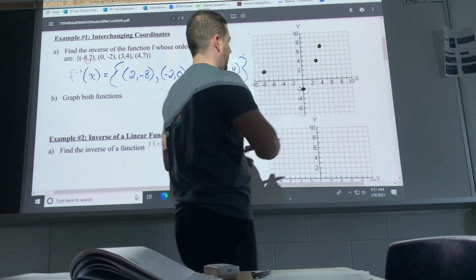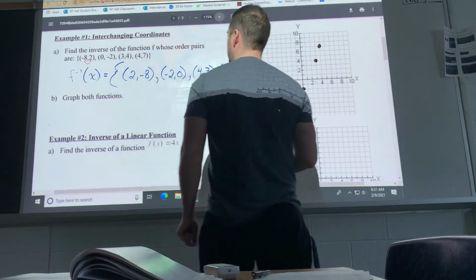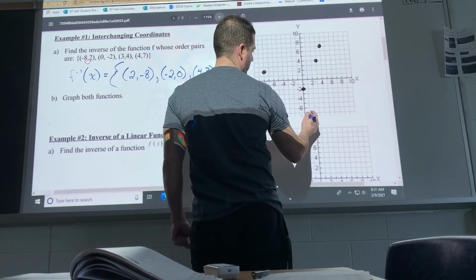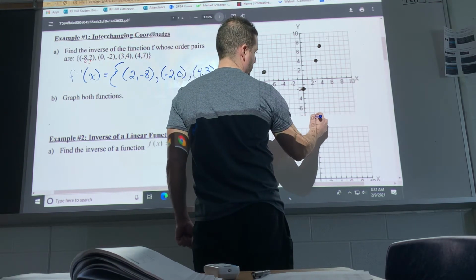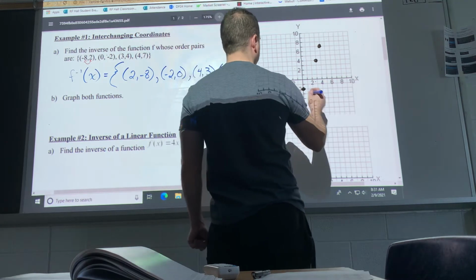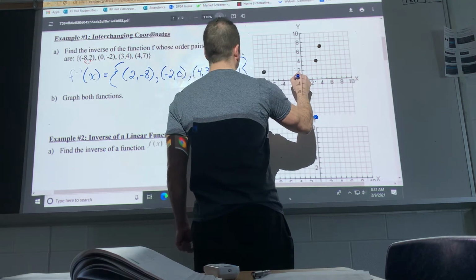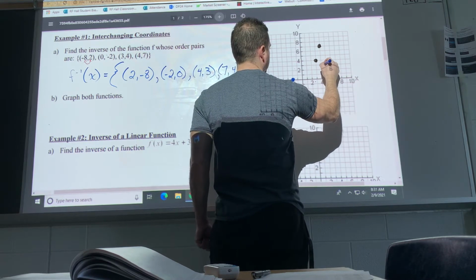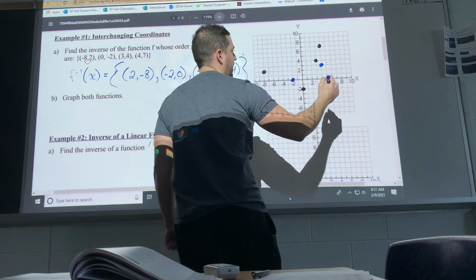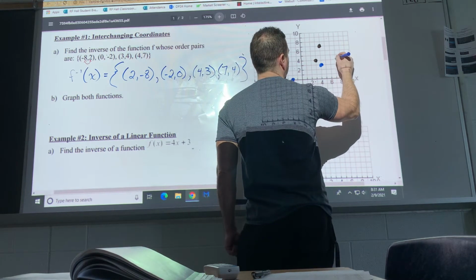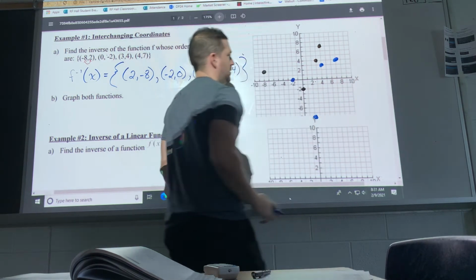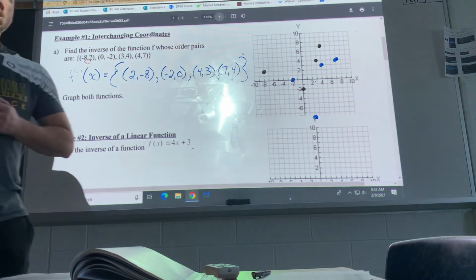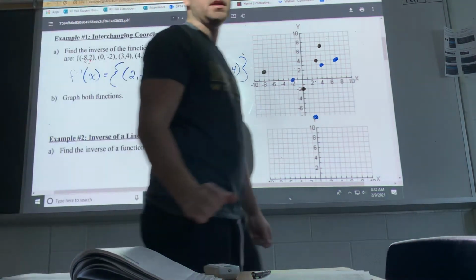So (2, -8). Whoa, it doesn't even fit here, it got cut off. (-2, 0), (4, 3), and (7, 4). We're not connecting any of the dots, we're just graphing as it is.